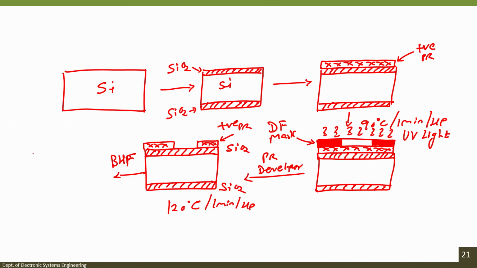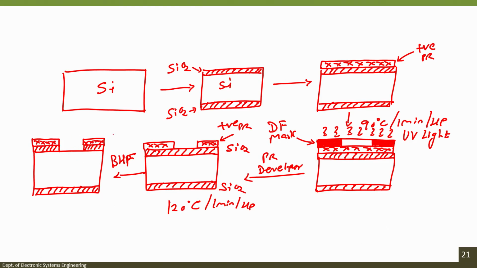When you dip the wafer in BHF, what will you have? You will have the oxidized silicon wafer, your oxide is etched, alright.